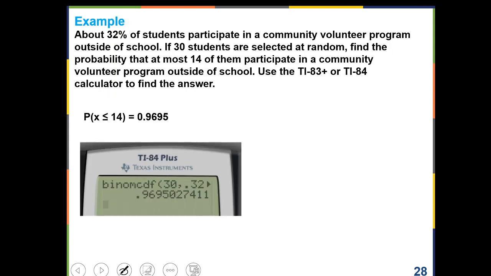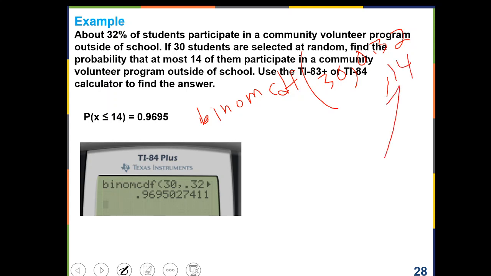So here, at most means less than or equal to, and less than or equal to, we said, is binomial CDF, and then n is 30 in this case, probability of success is 0.32, and then comma 14. So it goes to this number and then goes backward all the way to 0 and then adds them all up. And that's what you get if you do that.